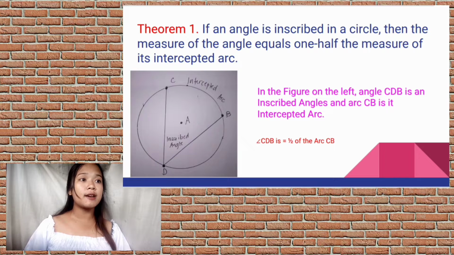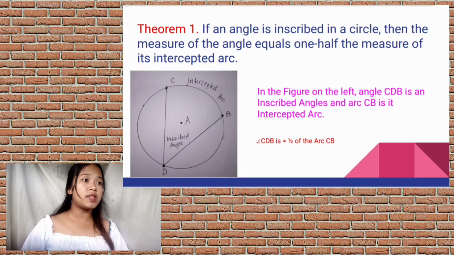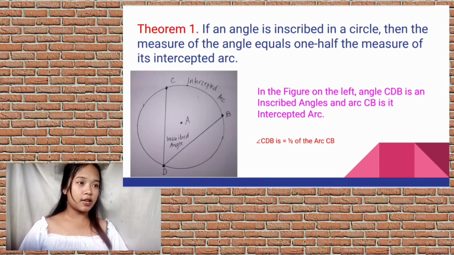If the measure of arc CB is 120, then automatically the measure of angle CDB is 60. So always remember that an inscribed angle is half of the intercepted arc. If the given is the inscribed angle, you can multiply it by 2 to get the intercepted arc.